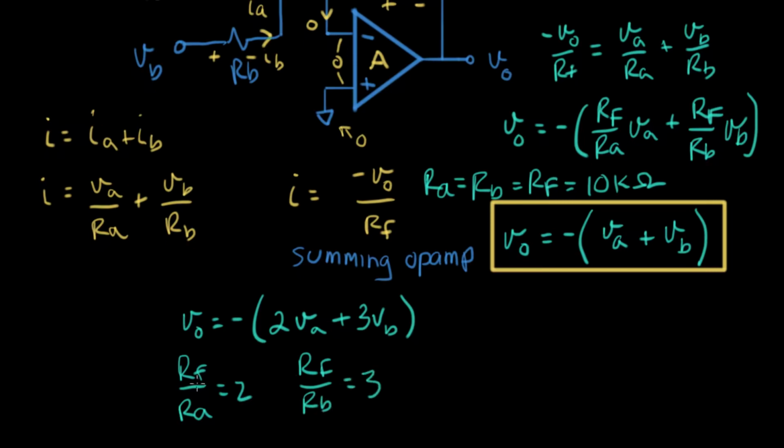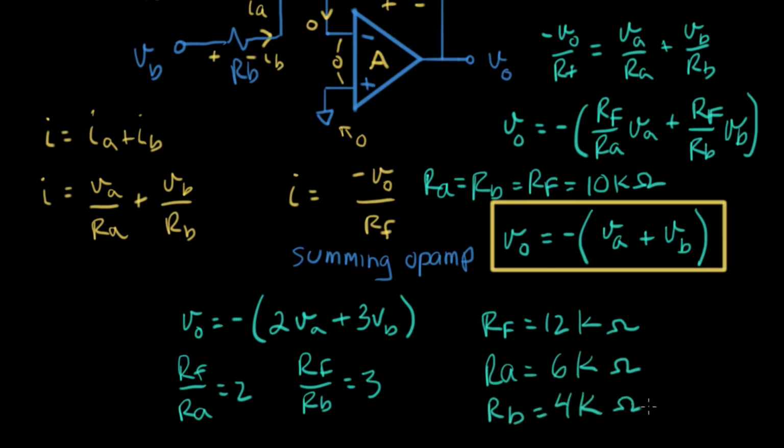It's the same RF, and so I get to adjust RA and RB. So I can pick component values. If I pick RF equals 12K ohms, then I can pick RA equals 6K and RB equals 4K. That would give me the ratios I want, and that would implement this function.